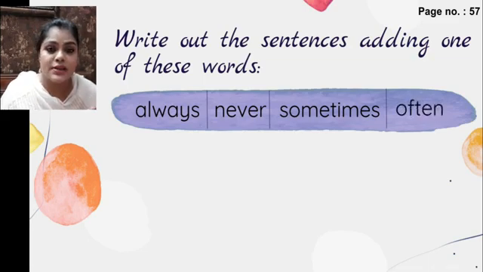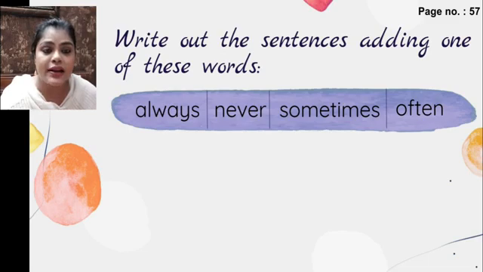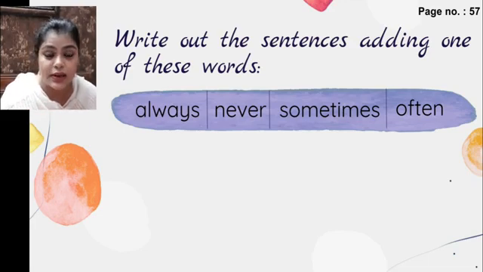Okay, so what does it mean? You have to add one of these words to the sentence to give more information about the sentence. That is called adverbials. So we will add the adverbials in the middle of the sentence, mid-position adverbials, to make it more meaningful.